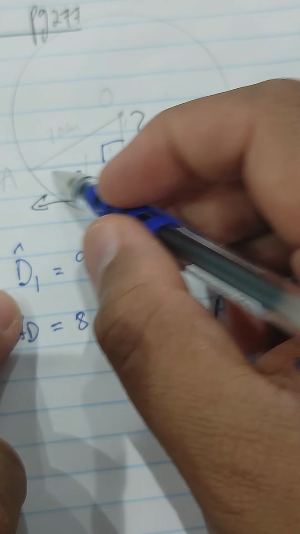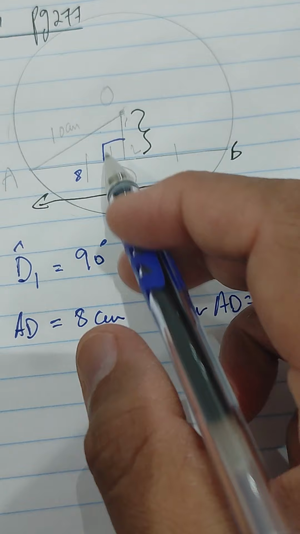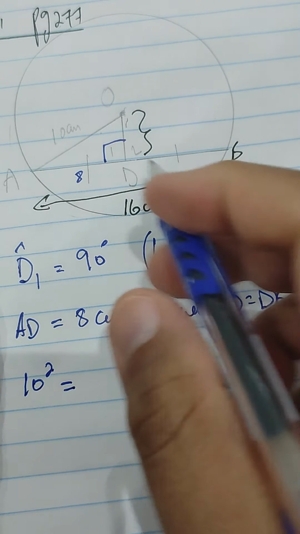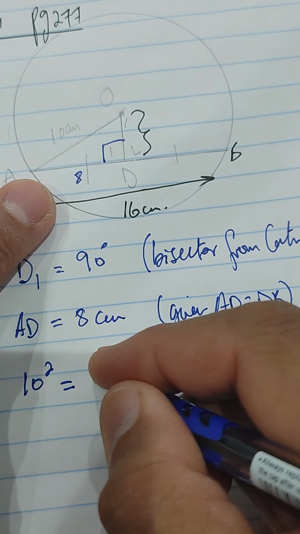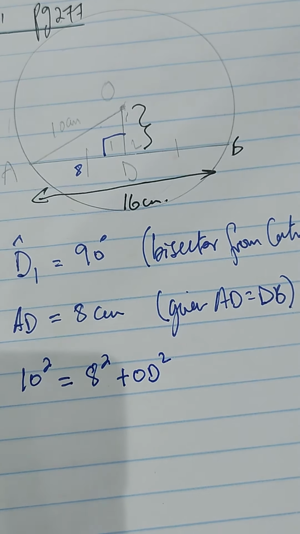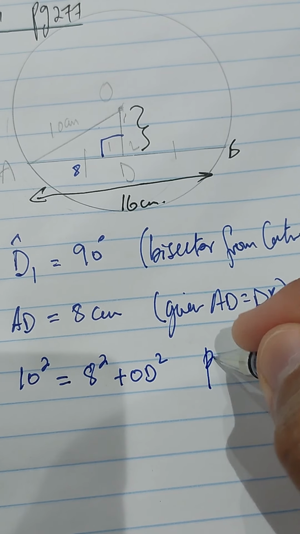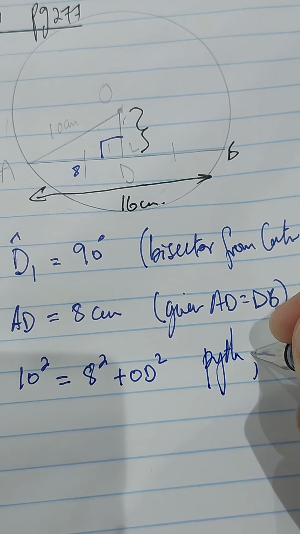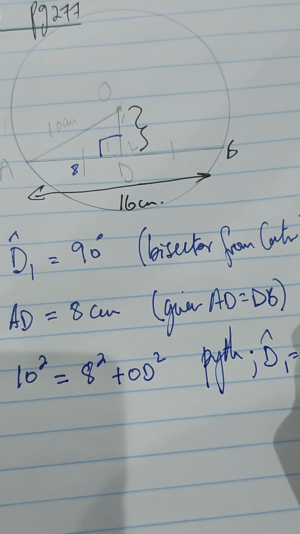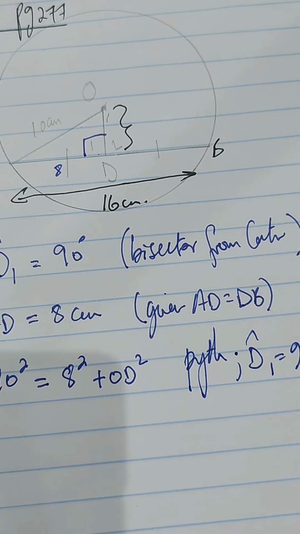Now we can apply the theorem of Pythagoras, which says the hypotenuse squared, so I got 10 squared, is equal to the sum of the other two sides squared. So it's going to be 8 squared plus OD squared. And your reason here is Pythagoras with angle D1 equals 90 degrees.